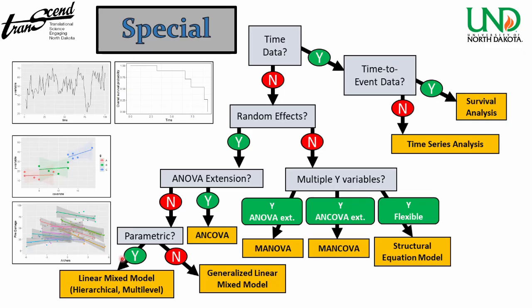But sometimes your variables are random. So they're ones you don't care about, but you know you need to control for that. And so that's where the mix goes in. It's a mix of random and fixed effects, whereas a linear model is just fixed effects. And so you can have a linear mixed model.